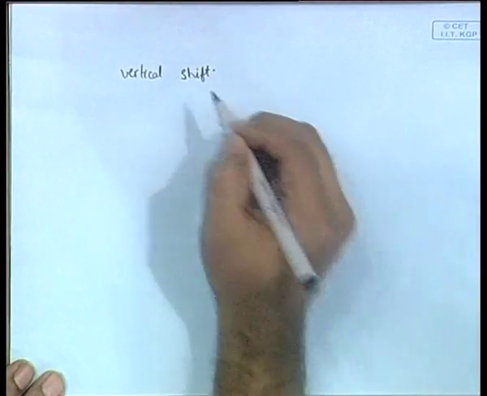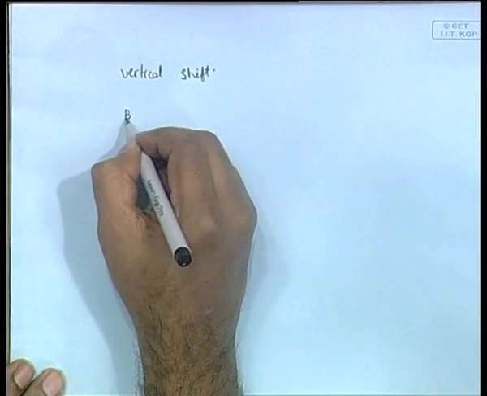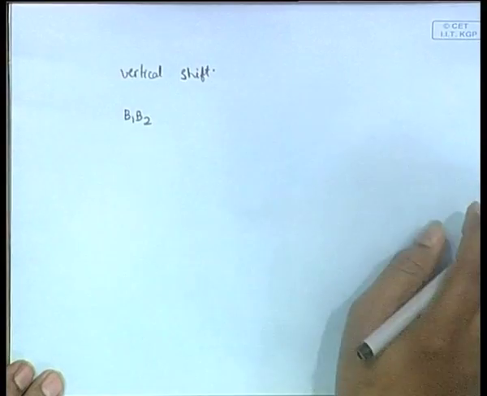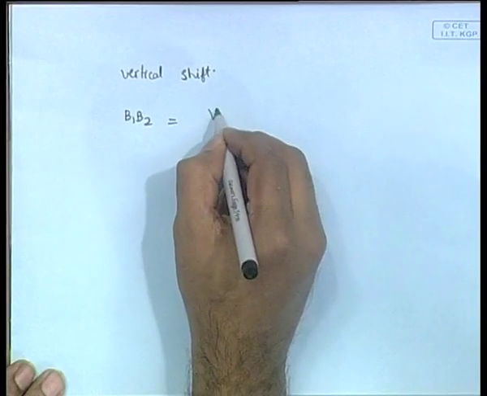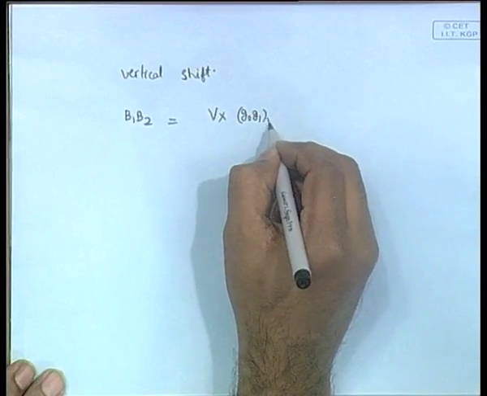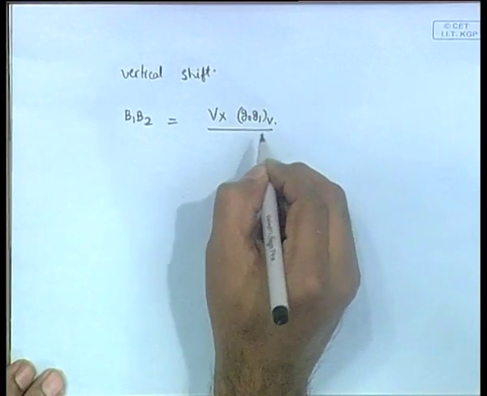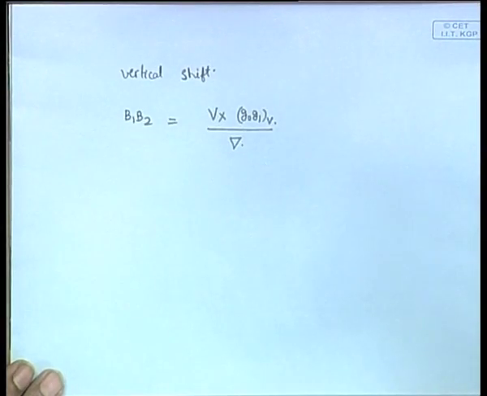So, the vertical shift B1B2 will be given by V into G0G1 vertical divided by delta. The formula is the same, V is the volume of the wedge.